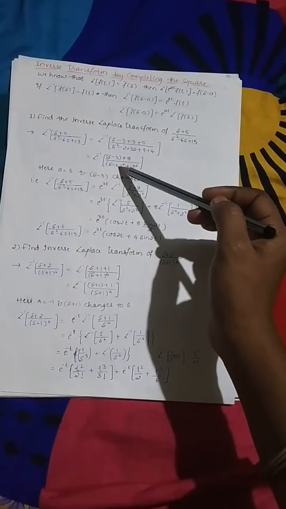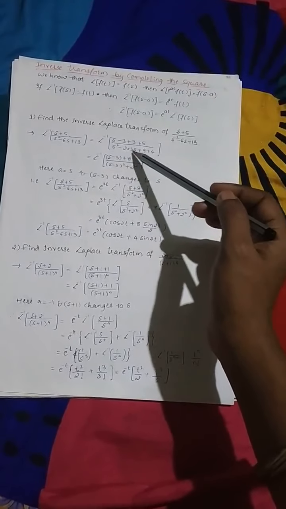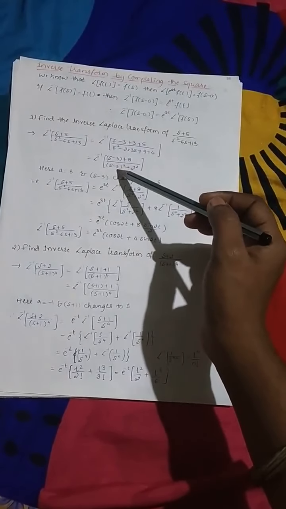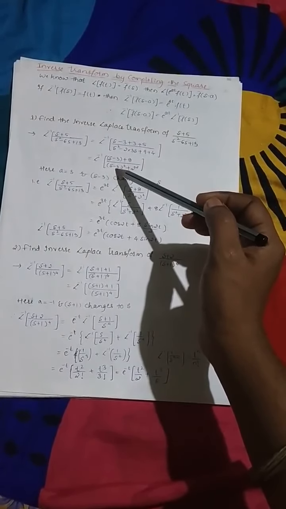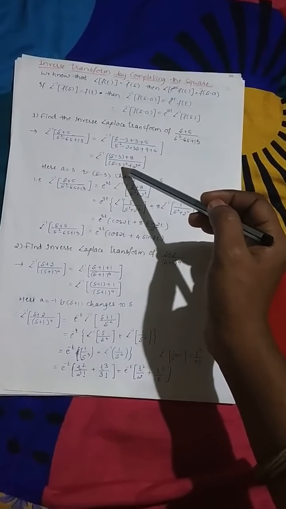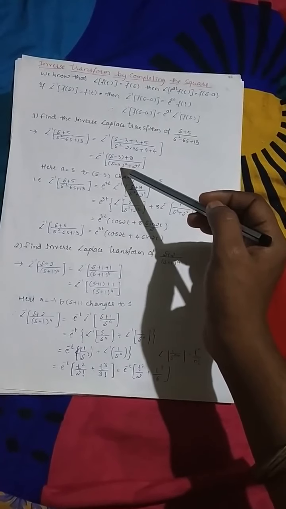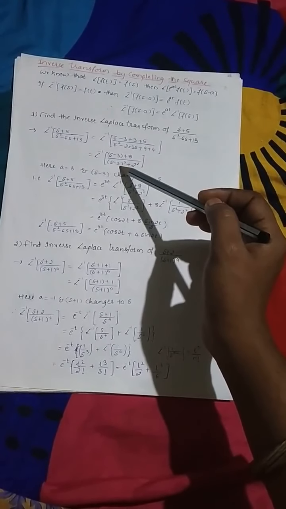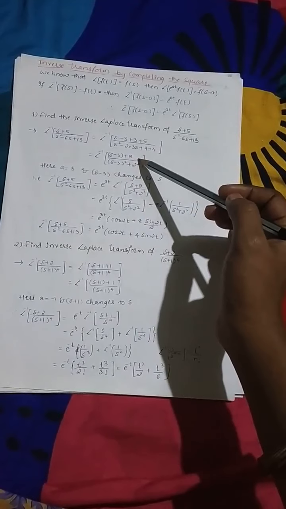In the denominator of the second step you can see this term makes s minus 3 whole square. That means here we have obtained an s minus a term. Whatever s minus a term is in the denominator, the same s minus a term I need in the numerator.